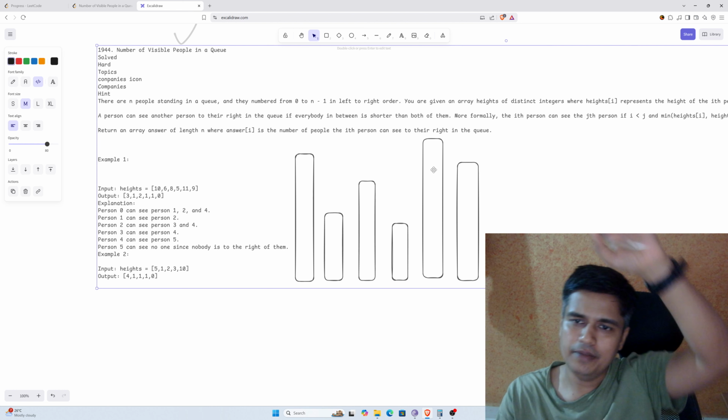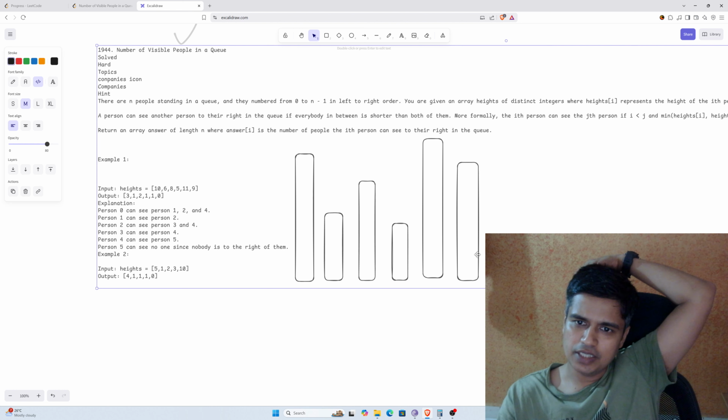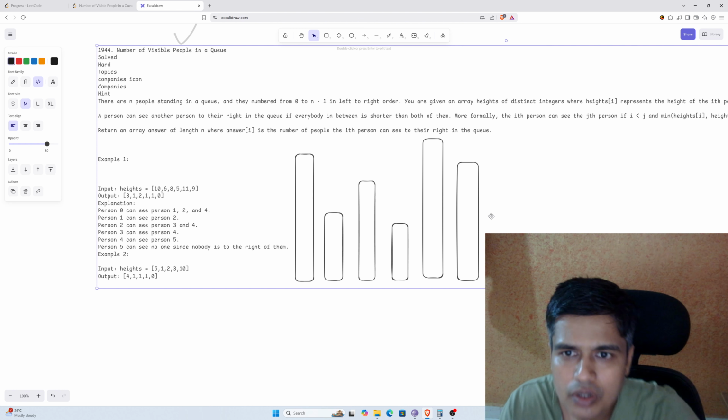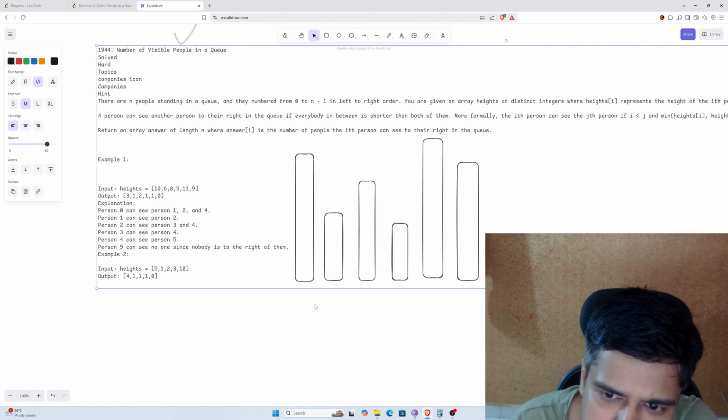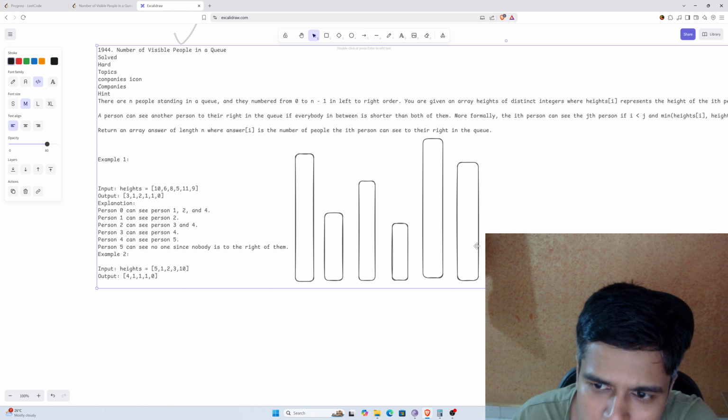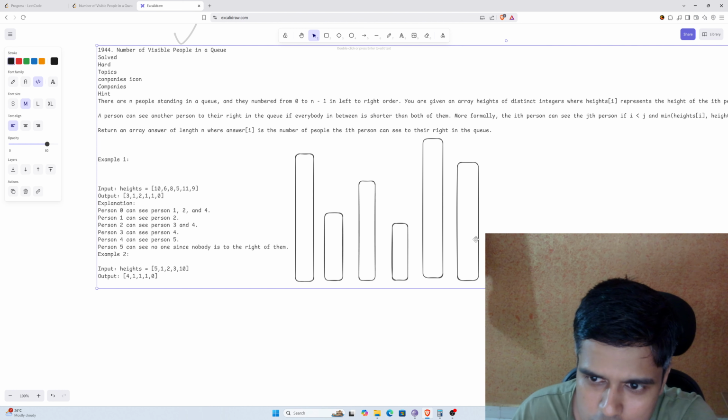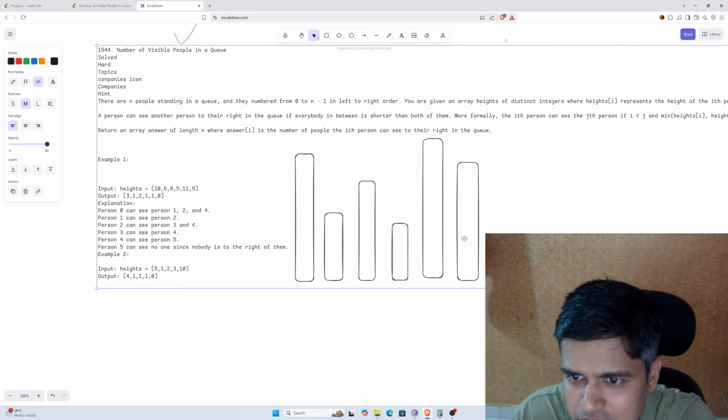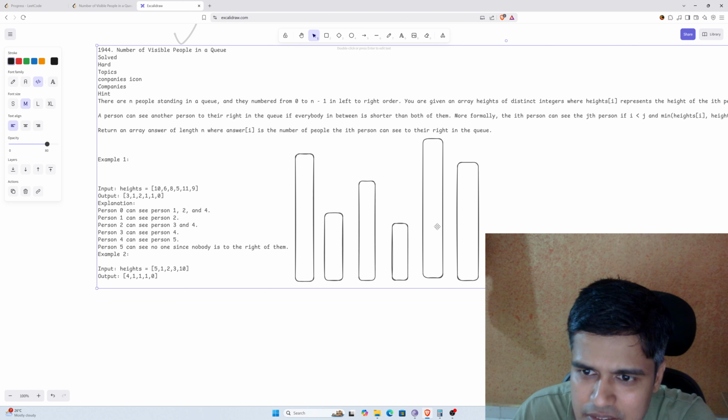Let's say I start from reverse, from this right direction, because I want to take care of only the people who are greater. If I start from here, this guy is not greater than this guy. This guy is greater, so I consider this. Now the next guy is even greater than this guy, so I will only take care of this guy.